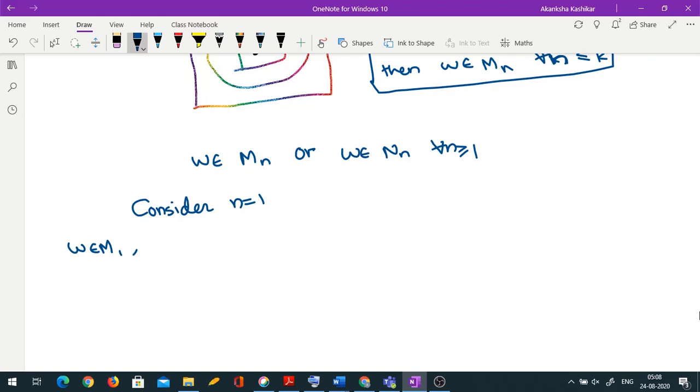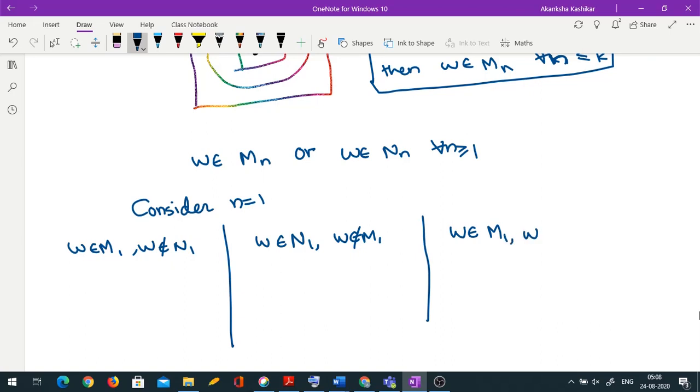Omega belongs to M1 but omega doesn't belong to N1. Then omega belongs to N1 but omega doesn't belong to M1, and omega belongs to both. Omega belonging to neither is not a possibility because we already know this.